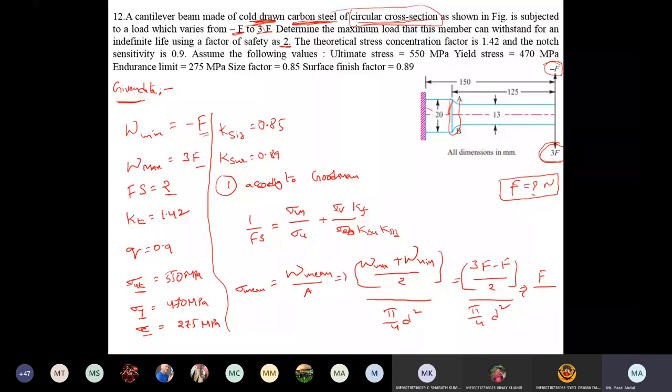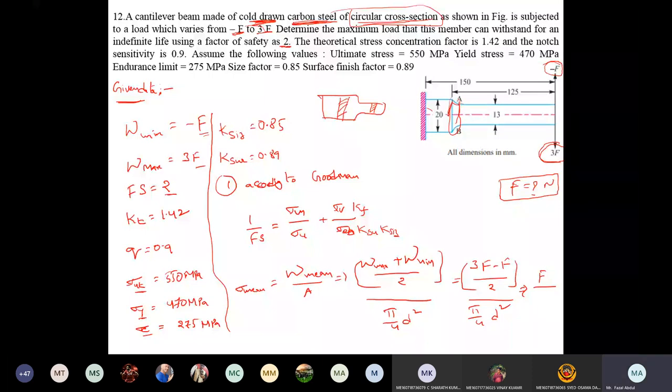In a previous problem I explained something like this, where the thickness of the section was mentioned. If we particularly mention it, then only do we need to select the larger one or the lesser one. Here it is not mentioned, so I am taking the critical section diameter.